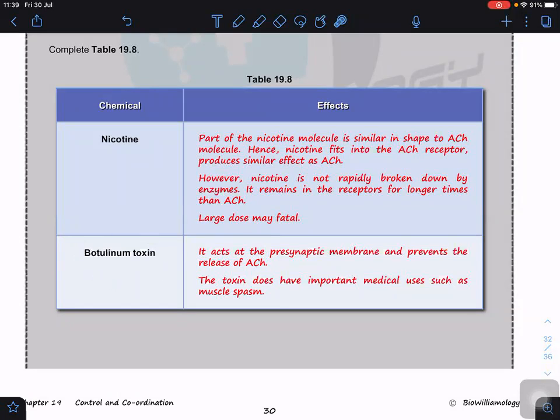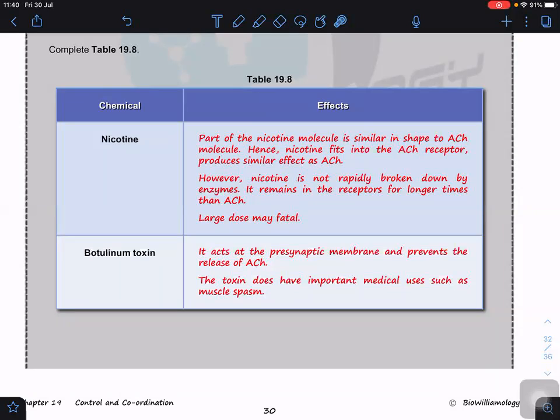Botox is the one that you also use as a cosmetic on the face, right? You inject, so therefore you can see Botox at the face there. So why? Those people with Botox, the face looks very firm, because it reduces the muscle contraction. Can I say Botox actually stops the release of the acetylcholine?